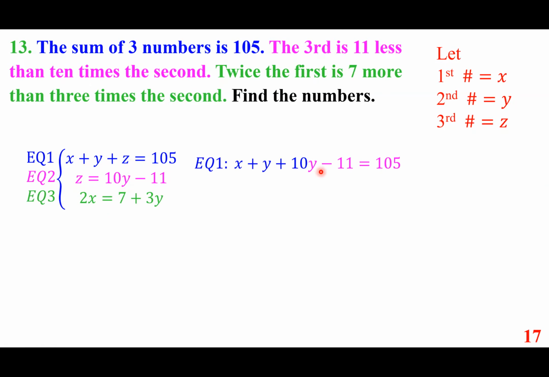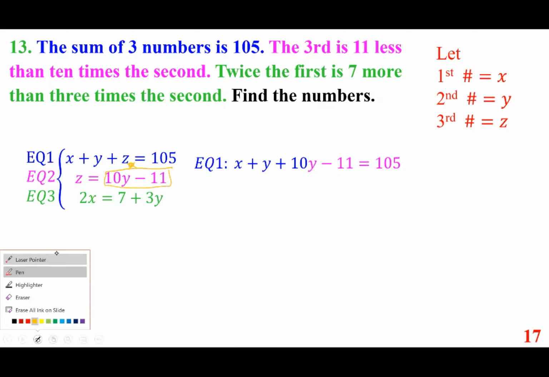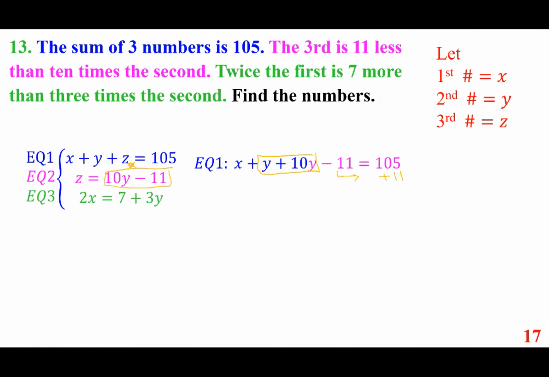In equation 1, I am putting this instead of that. I get x plus 11y, and minus 11, I'm going to move it, make it positive 11, equals 160.